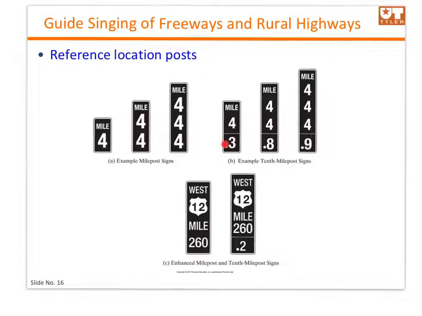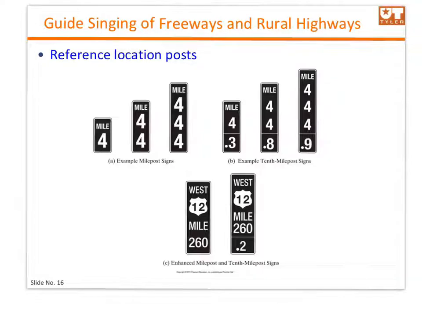So it's mile 4.3 or 44.8 or 444.9. Especially in urban places where you need to be very specific and there are so many exits, even more frequent than every single mile, we may see those reference location posts.